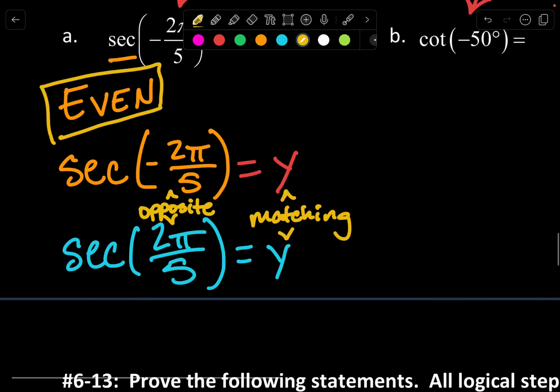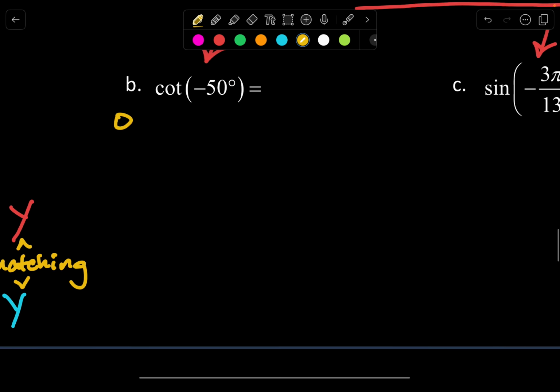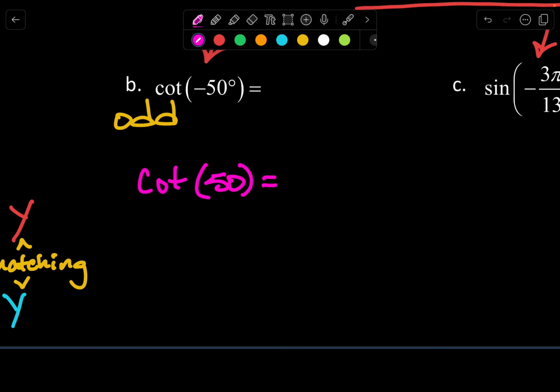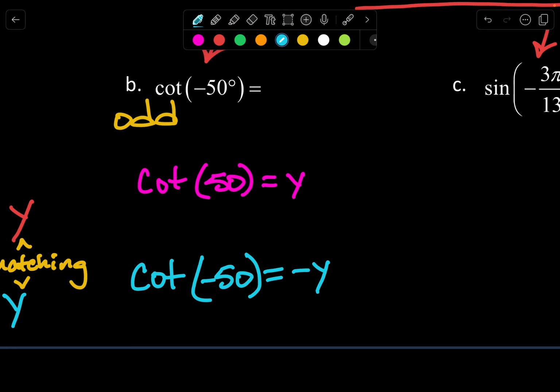However, cotangent is odd, which means if I have the cotangent of 50 and that equals y, the cotangent of negative 50 would be negative y. Odd functions have opposite inputs and opposite outputs.